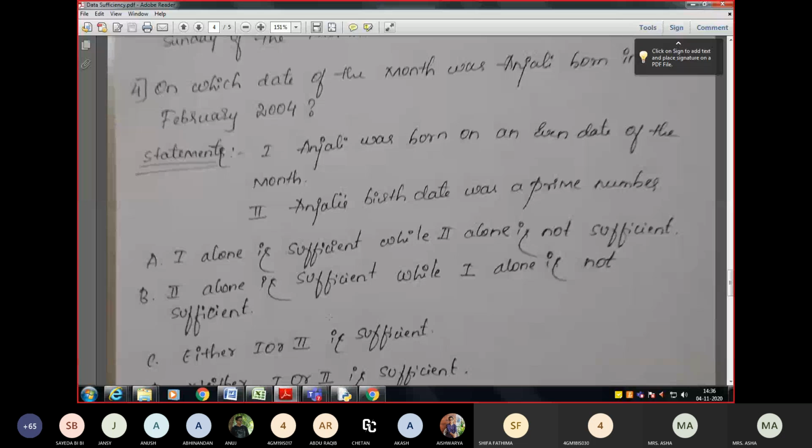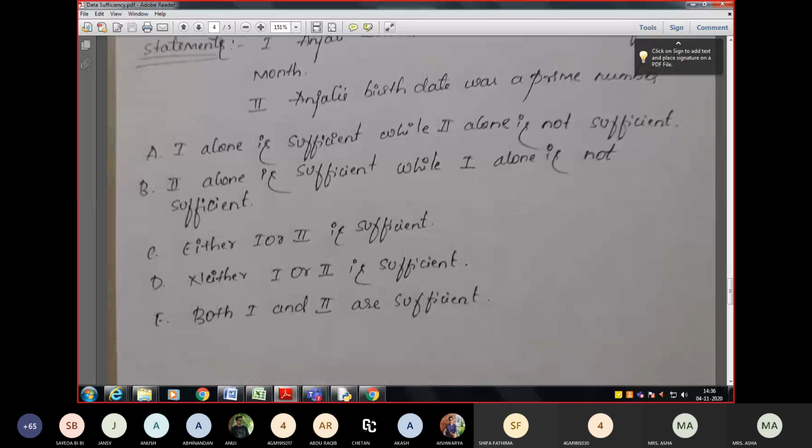Options. A. First alone is sufficient, while second alone is not sufficient. B. Second alone is sufficient, while first alone is not sufficient. C. Either first or second is sufficient. D. Neither first nor second is sufficient.